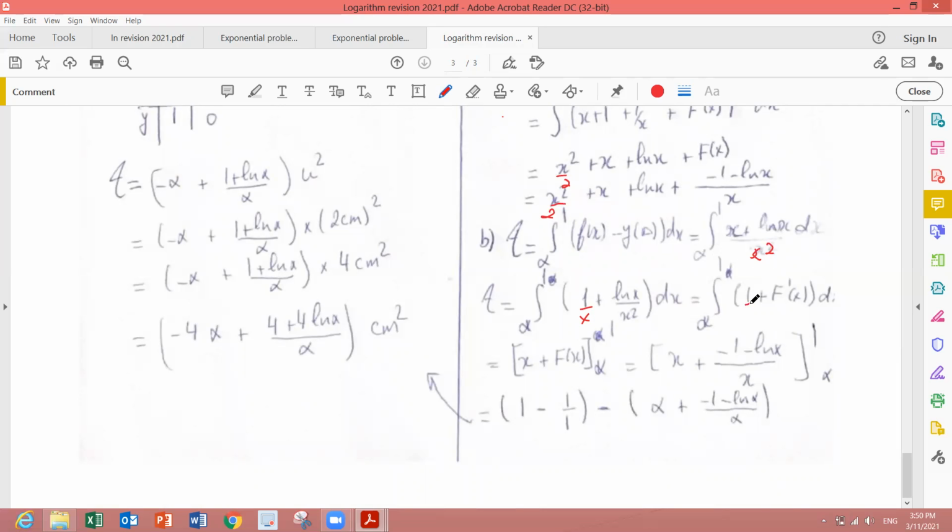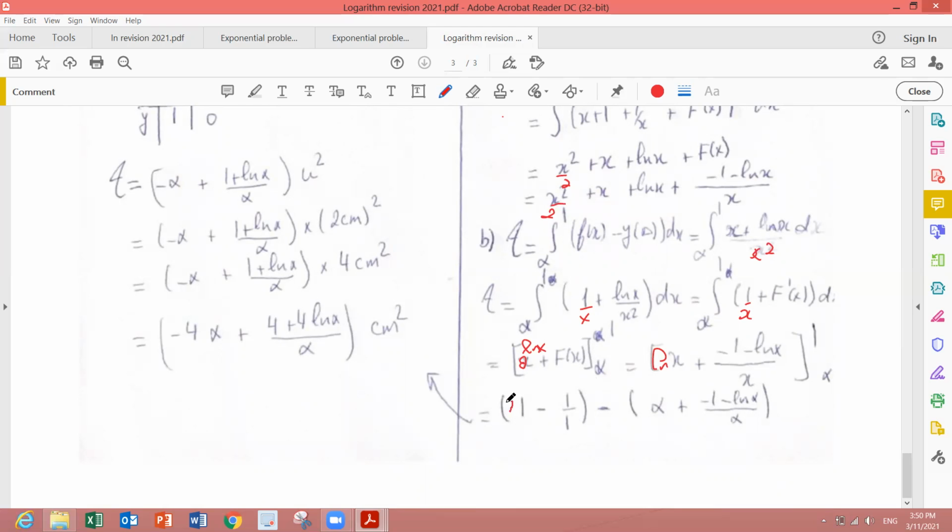This is 1 over x between alpha and 1; its antiderivative is ln x. The antiderivative of f prime is f(x). So this one will be ln x minus (1 minus ln x)... between 1 and alpha.